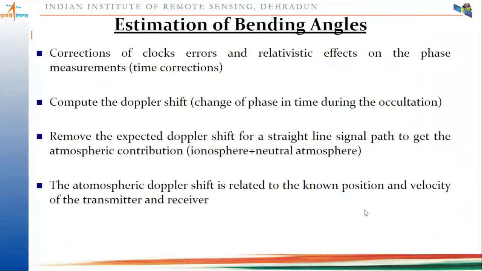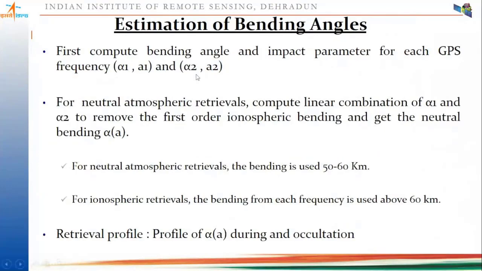Then we compute the bending angles alpha 1 and alpha 2, and from there we get the common bending angle alpha A. For neutral atmospheric retrieval, bending up to 50 to 60 kilometers is taken, and for ionospheric retrievals the bending angle is beyond 60.